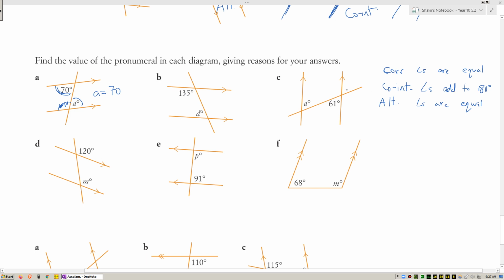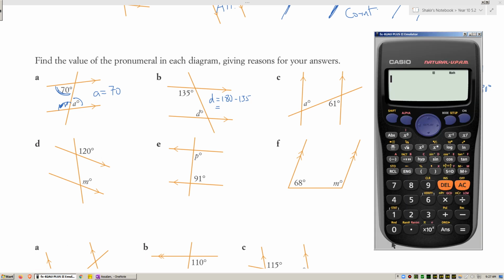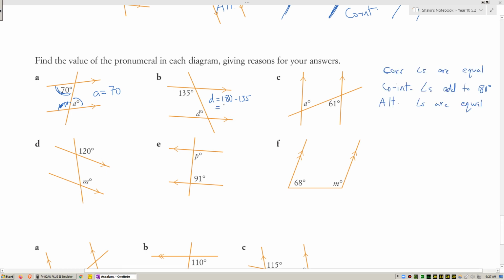Cointerior angles add to 180. So D is 180 minus 135, which is equal to 45. I'll double check that. 180 minus 135 is 45. And so 45.